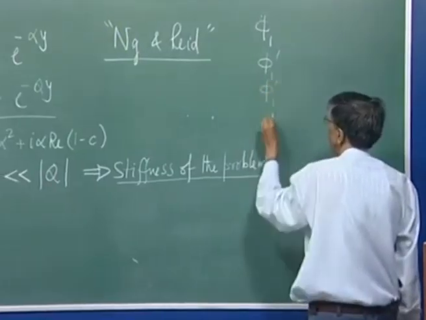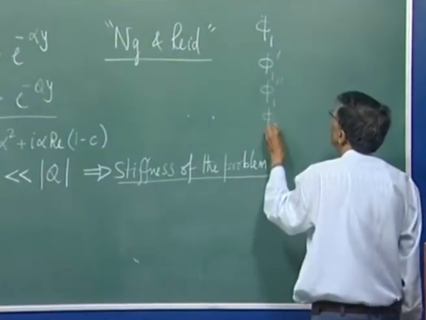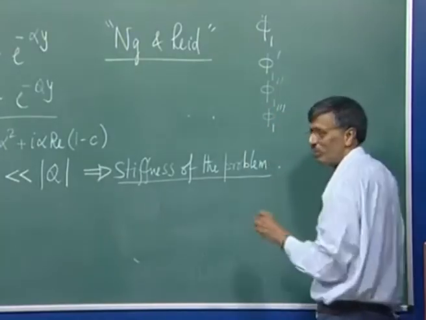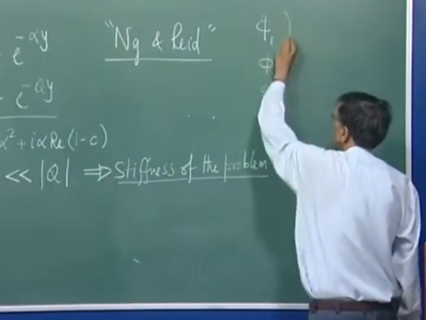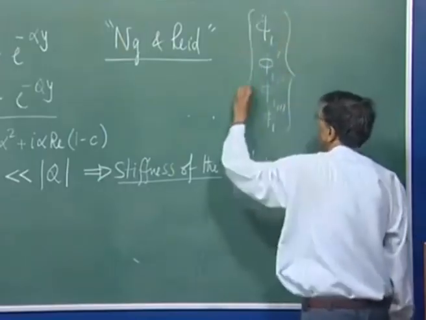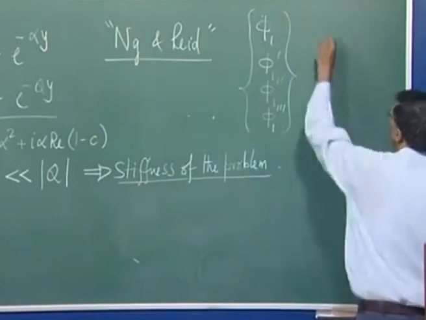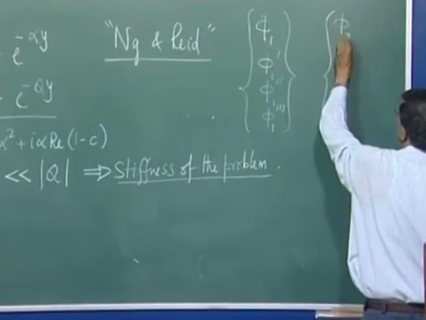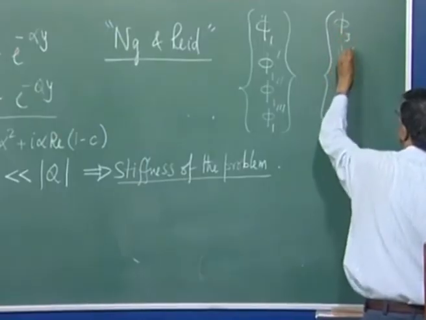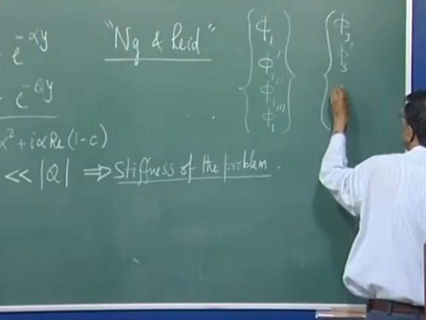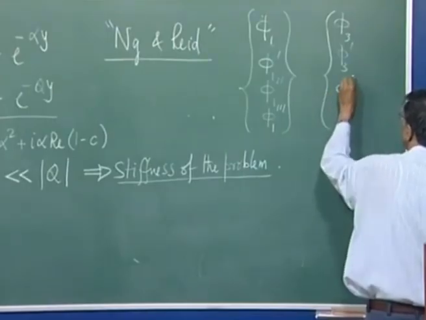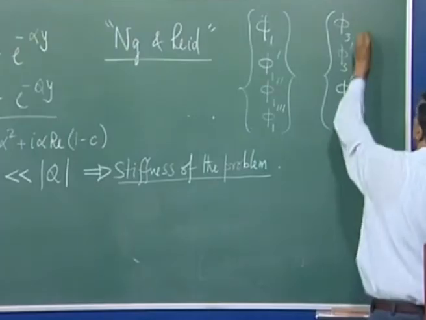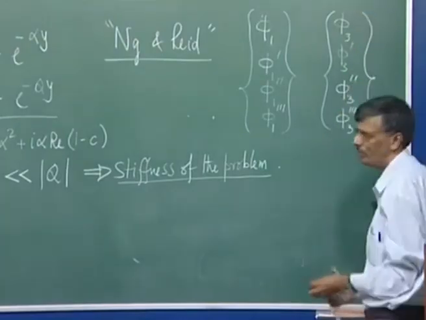I think those of you who have been following how PDEs are classified, that is what we define the solution. So, this is one solution vector, and we have another solution vector, that is phi 3, phi 3 prime, phi 3 double prime, and phi 3 triple prime. Okay.